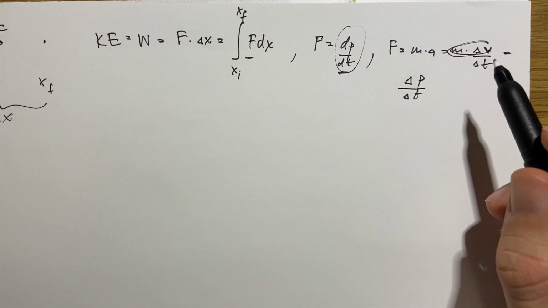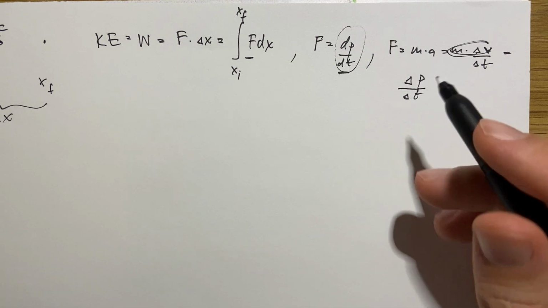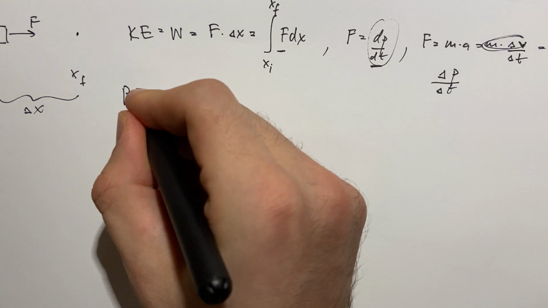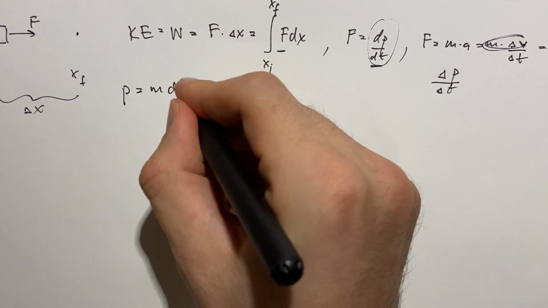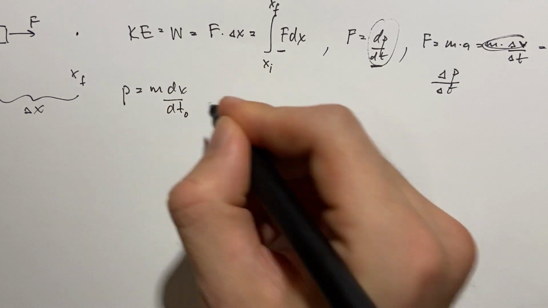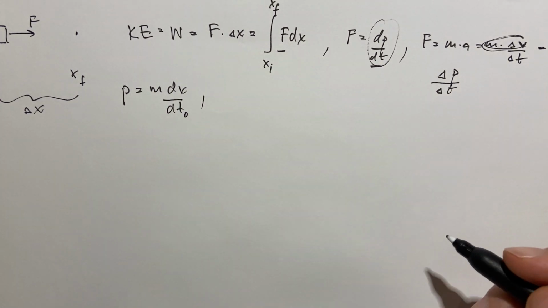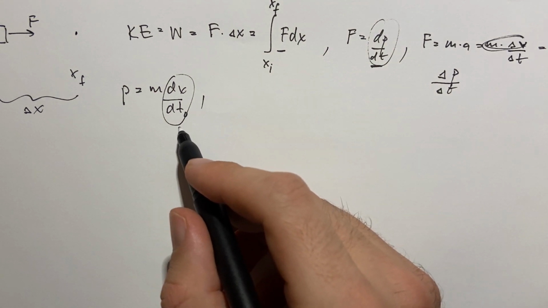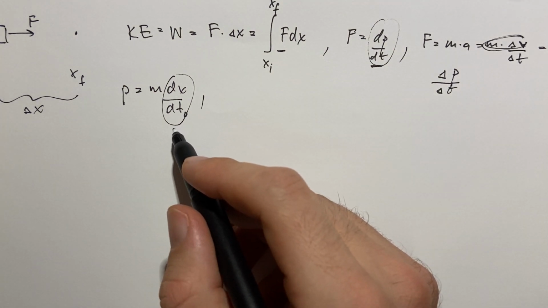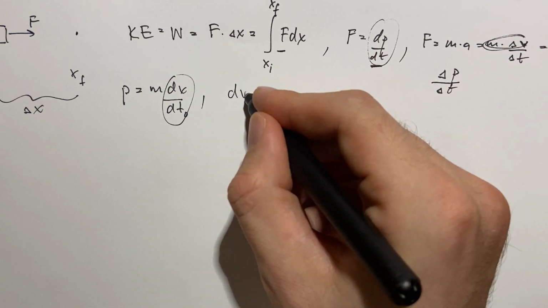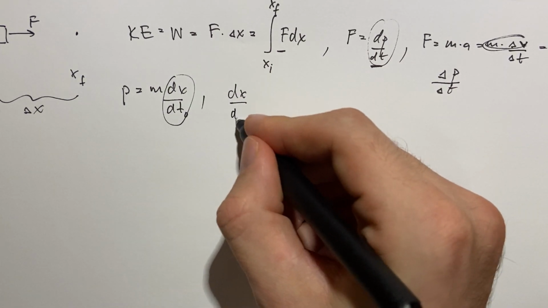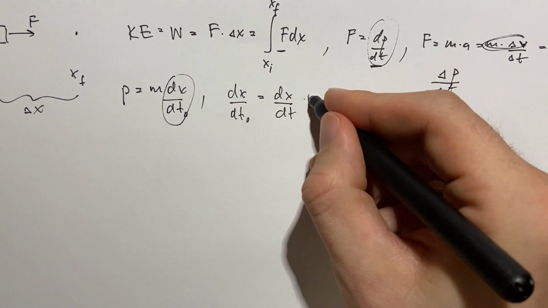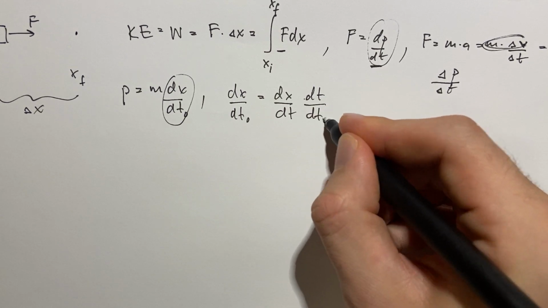Now if we consider being in the rest frame of the moving object, we will get the following expression for the momentum. p equals m dx over dt naught. All right, so how can we expand this? Well, we can use the chain rule to expand this expression even further, because the chain rule tells us that dx by dt naught equals dx by dt times dt by dt naught.